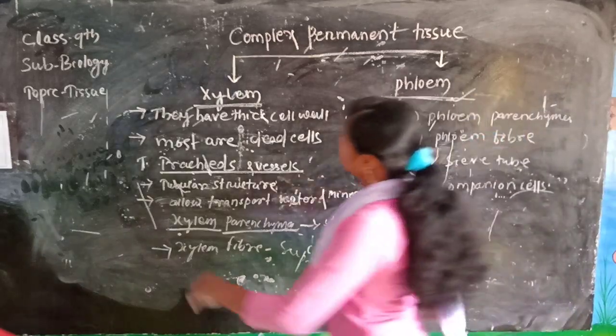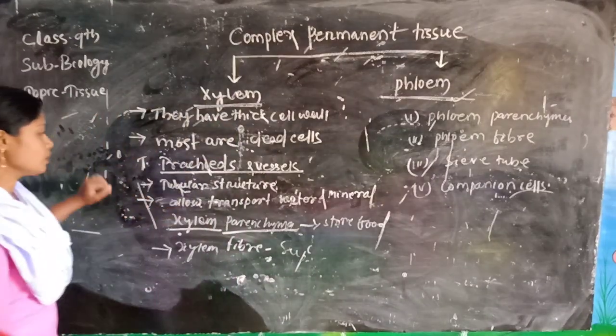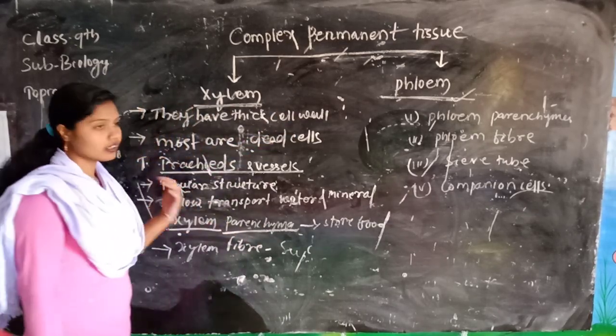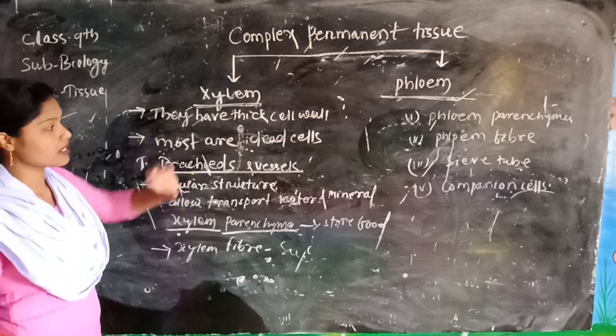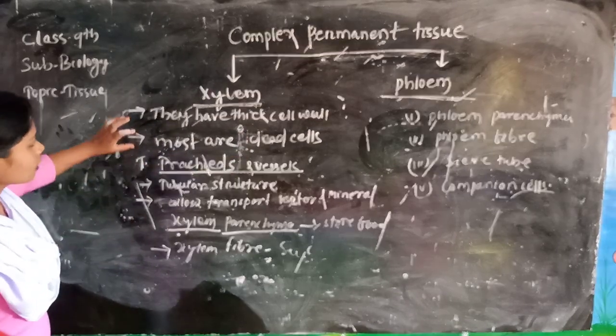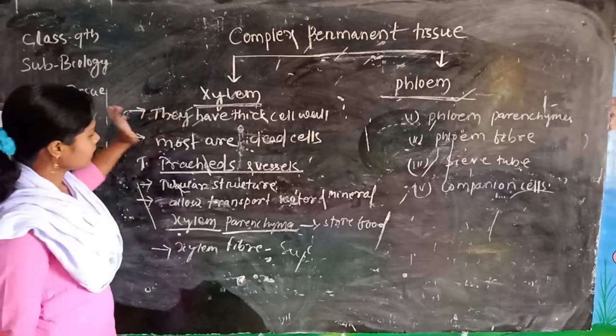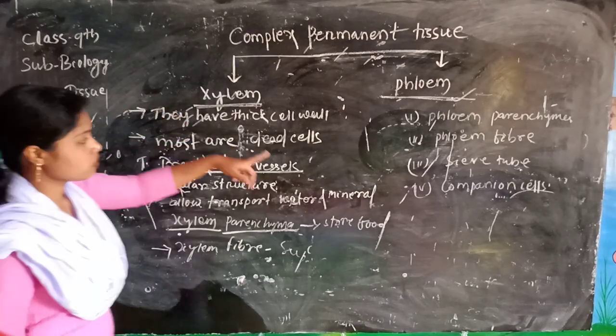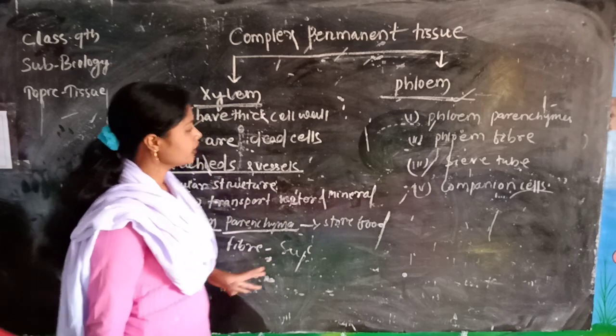So I repeat again. Complex permanent tissue is of two types, that is, xylem and phloem. Both are called conductive tissue, and they constitute vascular bundles. The xylem is called water and mineral transporting tissue, and phloem is called food transporting tissue.